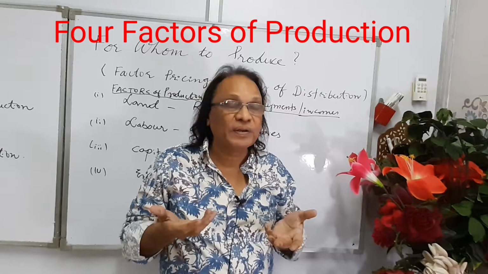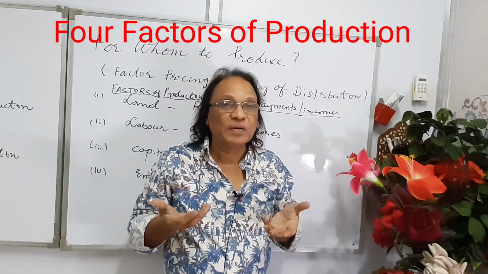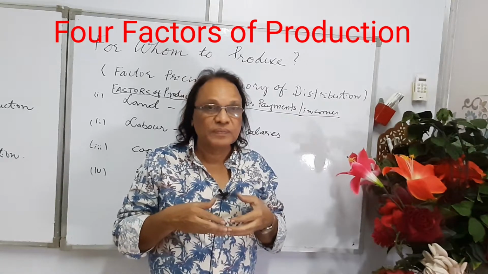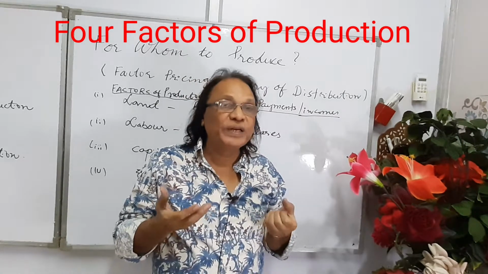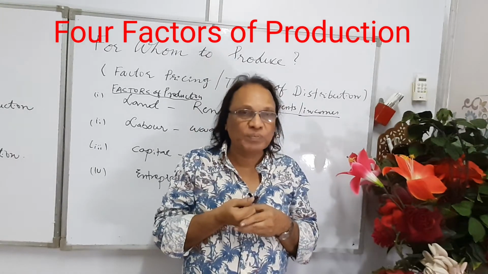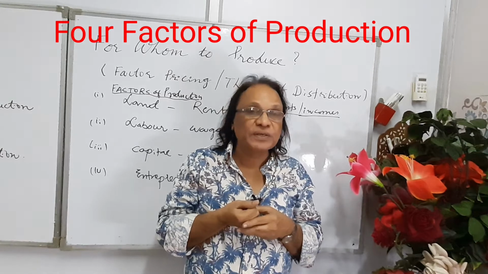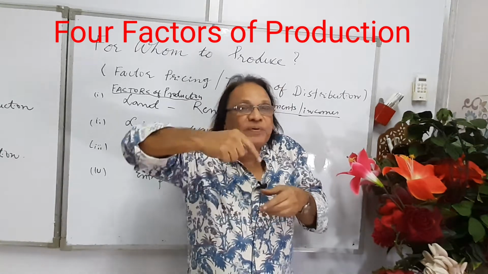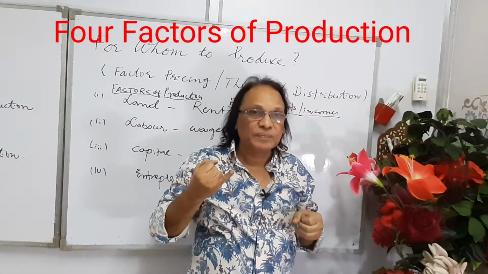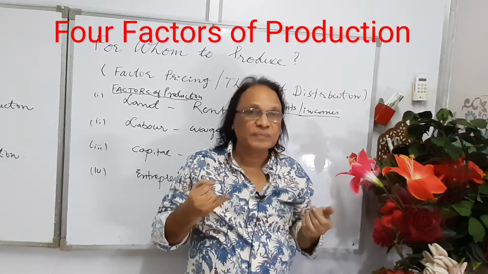So for example, let's say someone has produced a pen. To produce a pen, you need land, labor, capital, entrepreneurship. Without this, you can't produce. What it means: the pen is produced in the factory, so land, the factory building.